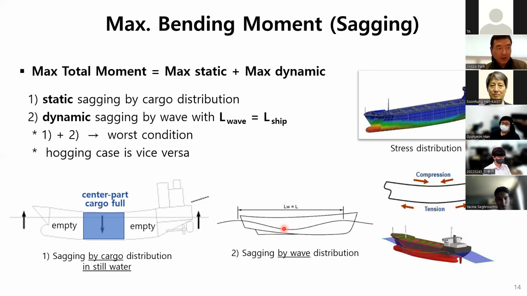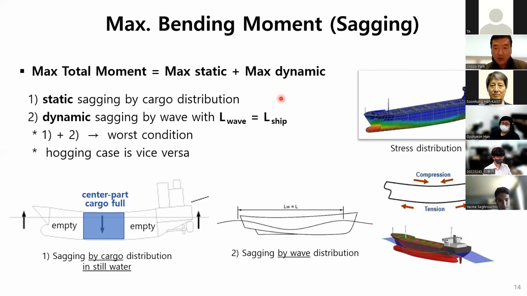I'd like to add some more about bending moment, especially a case that bending moment becomes maximum. The total bending moment can be divided into static and dynamic components. The static is due to cargo loading along the ship length, and dynamic is due to wave load.